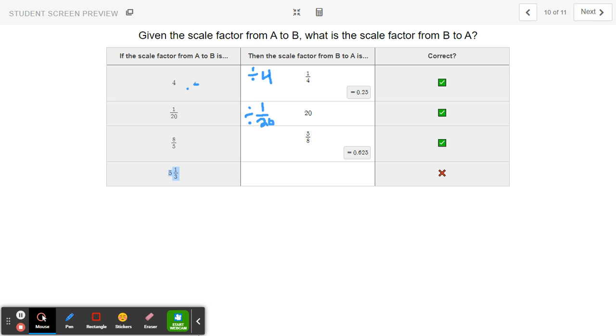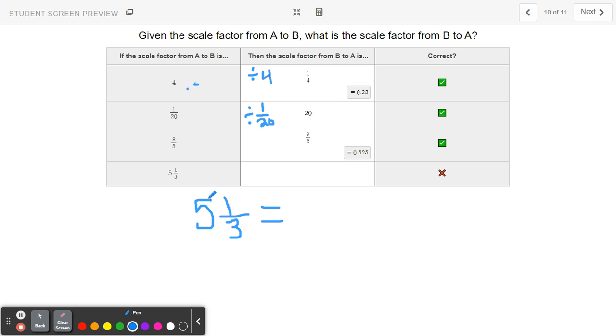And this one's really tricky because it's a mixed number. So for this one, it's kind of like a challenge. I would first figure out what this is as a fraction so I can find the reciprocal, right? So 5 1/3 is saying if I had 5 wholes and 1/3, how many thirds total is that?